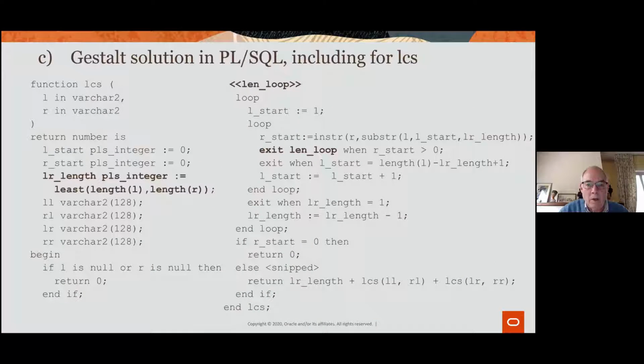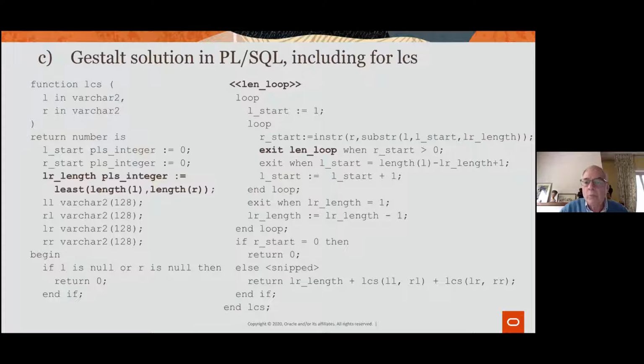Okay. Now, don't worry too much about this slide because it's here for you to look at later. But before I switch, this is a redo of the PL SQL solution where I use PL SQL to find the longest common substring as well.